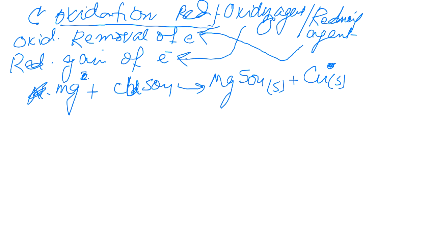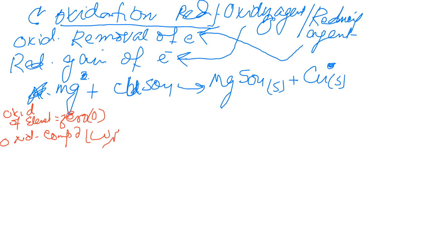First of all, you should know the oxidation number of every element is 0. The oxidation number of a compound you will get different.